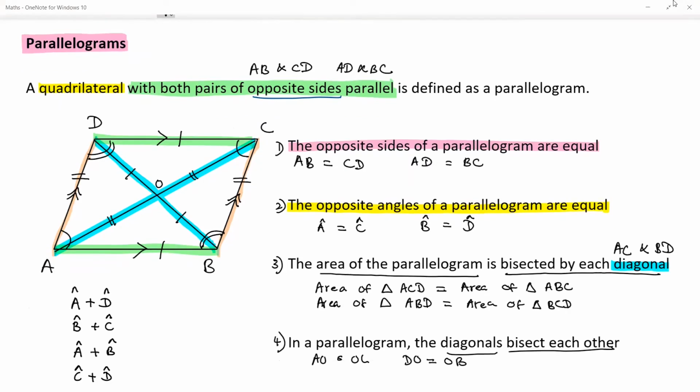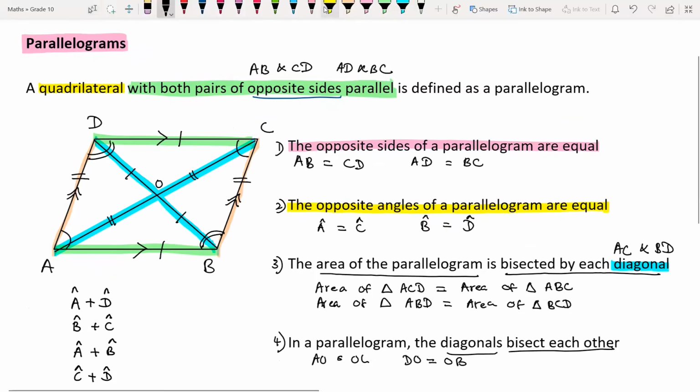Right, now, apart from these properties, remember these points as well. Now, when you add angle A and D, where A is here and D is here, when you add these two angles, you get 180 degrees.